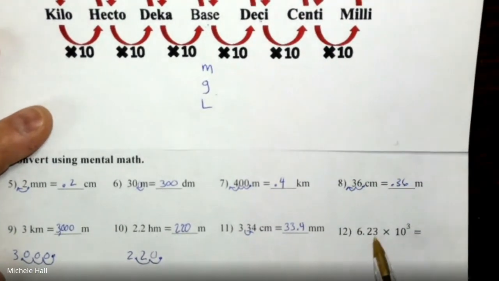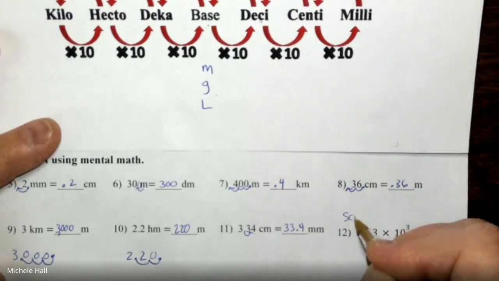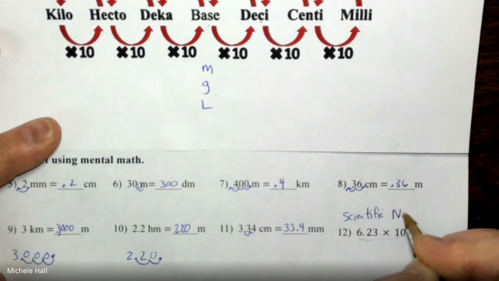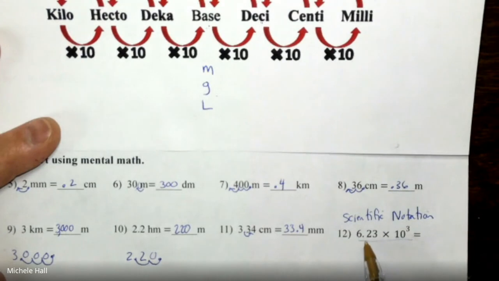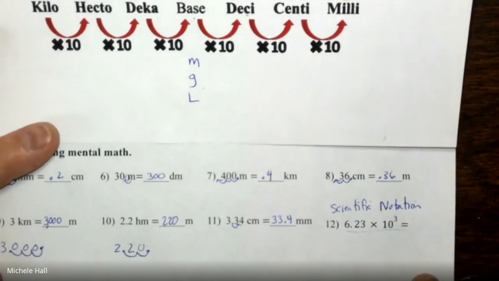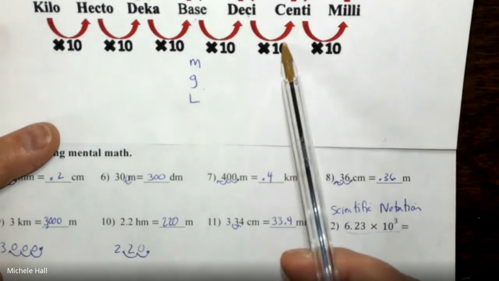Now, here is something that you may be familiar with and you may not be familiar with. This is called scientific notation. This says 6.23 times 10 to the third power. 10 times 10 times 10.